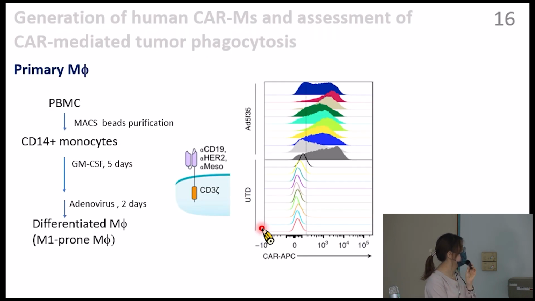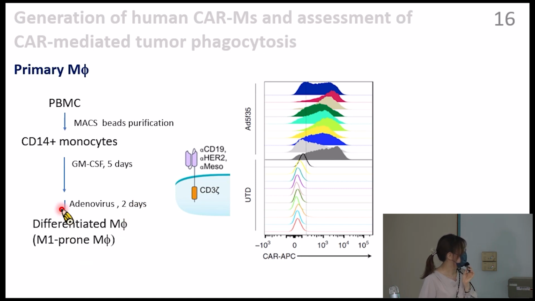Okay, so let's see the result. In the primary macrophage, they just collected PBMC from patients. No, I forgot whether it was patients or healthy people, maybe healthy people. I think it's healthy people's PBMC, and they purified the CD14 positive monocytes and differentiated them into M1 macrophage. After that, they used the adenovirus to infect the M1 macrophage.